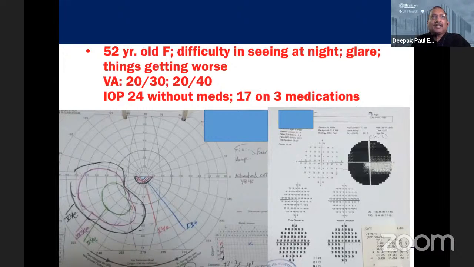And then you can see on a Goldmann visual field, a large temporal island in one eye and a central island with split fixation. And on a 10-2 visual field, a central island. So what do you do with a patient like this when you see them the first time? So we'll touch on various nuances in this scenario throughout this talk.